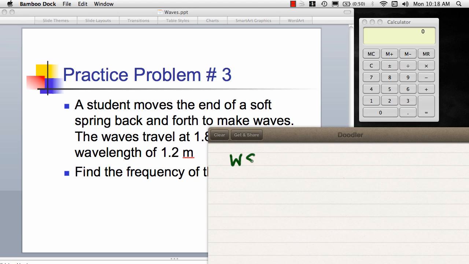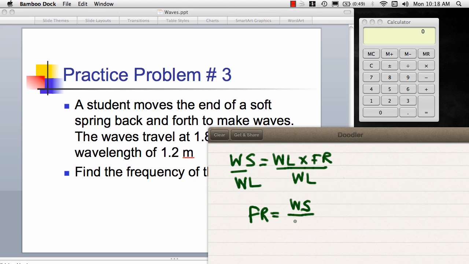Wave speed is equal to wavelength times frequency. But now we're looking for frequency, so both sides get divided by wavelength. So now my expression becomes frequency is equal to wave speed divided by wavelength.